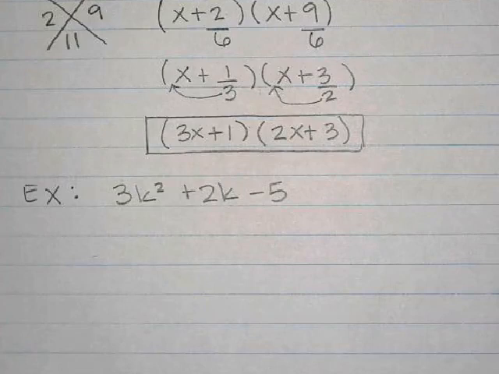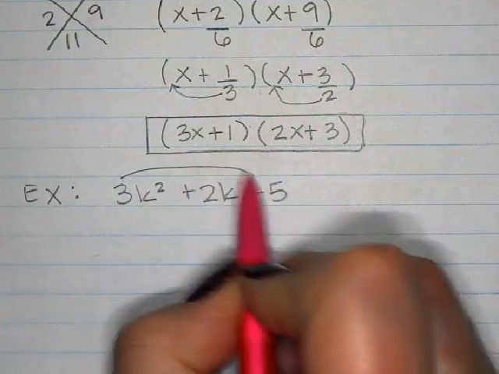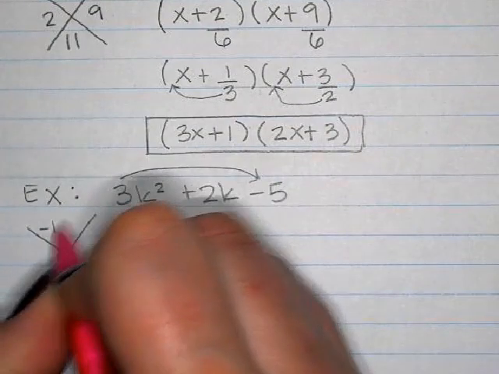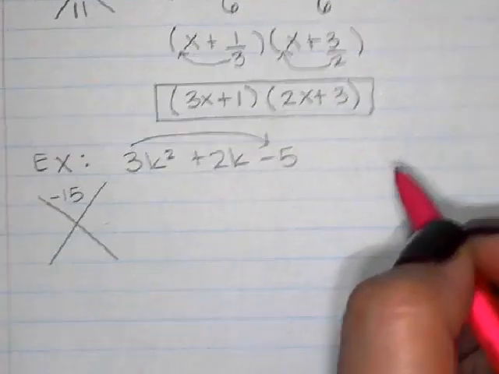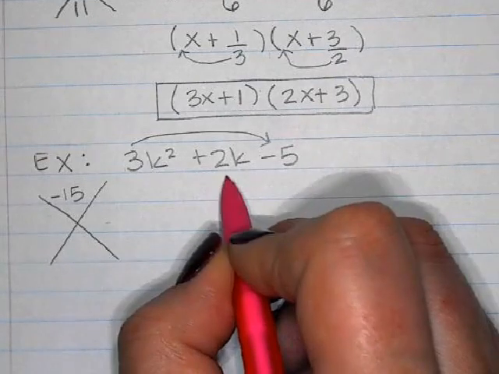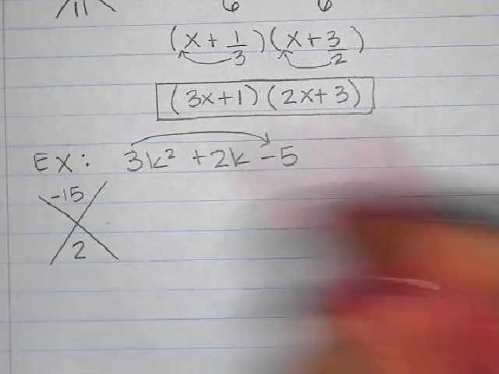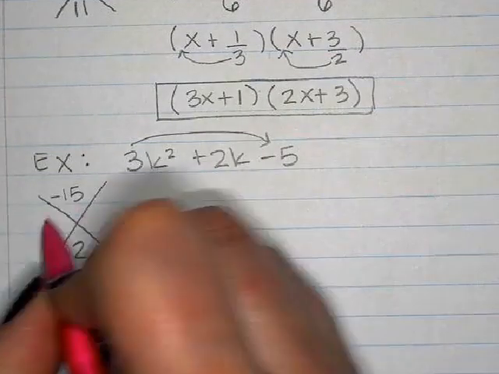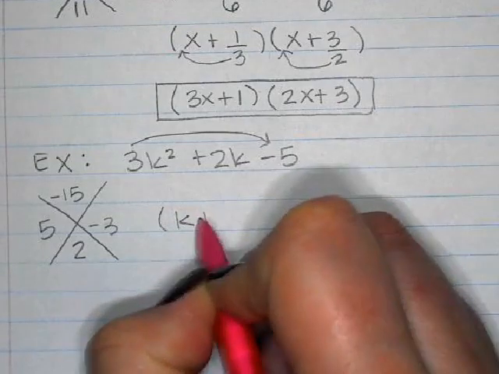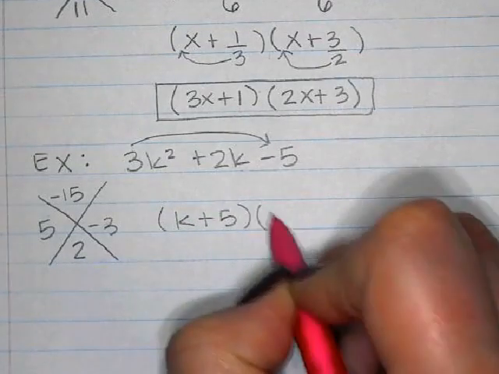Slide. Okay, so I'm looking for what multiplies to a negative 15 and adds to 2. 5 and negative 3. Okay, so k plus 5, k minus 3.